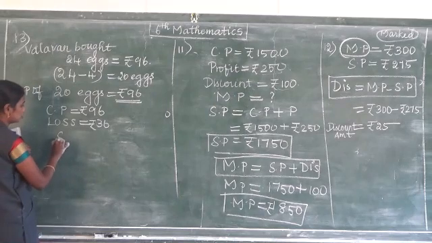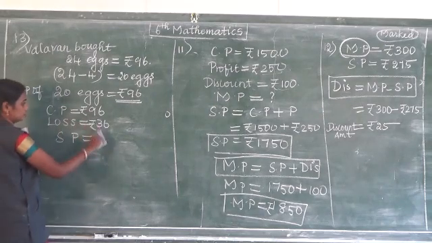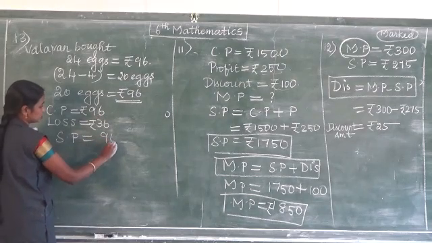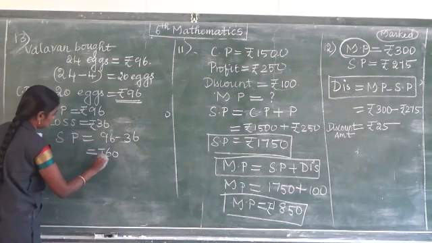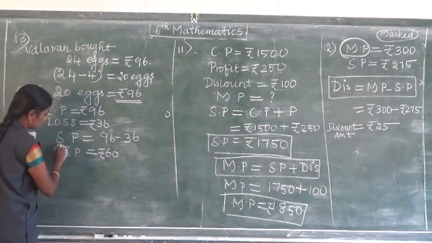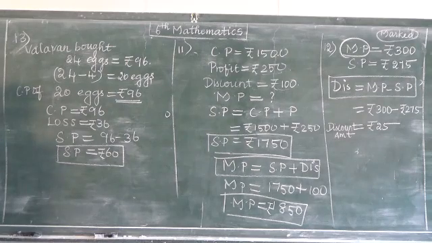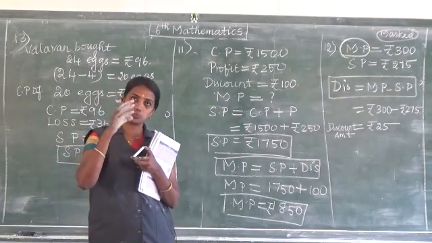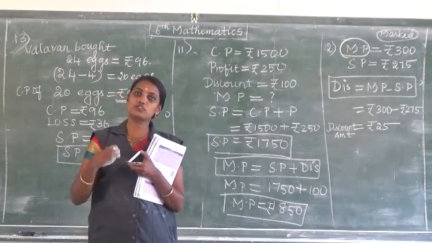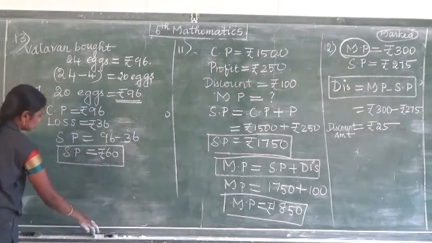Then how much he would have sold for, we are going to find out. So what will he do? 96 minus 36, 60 rupees. So the selling price could be 60 rupees. From the 96 rupees he got a 36 rupees loss, and by the amount of the loss only he sold. So I found the selling price as 60.